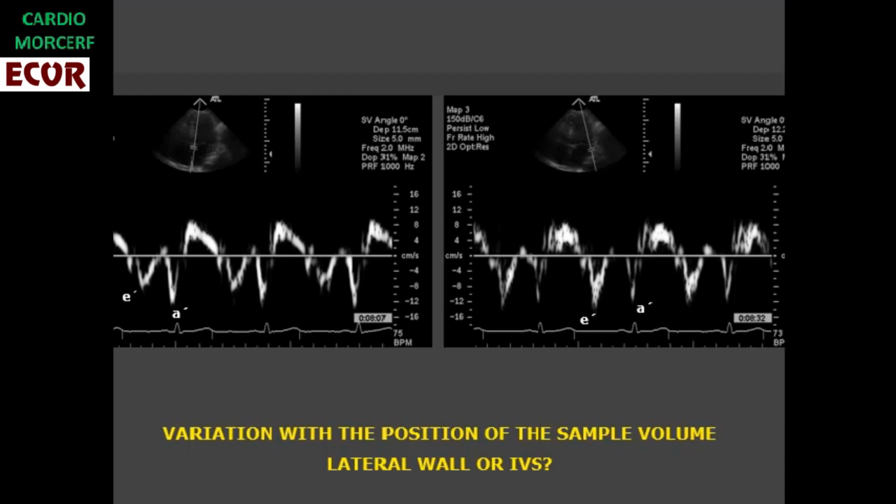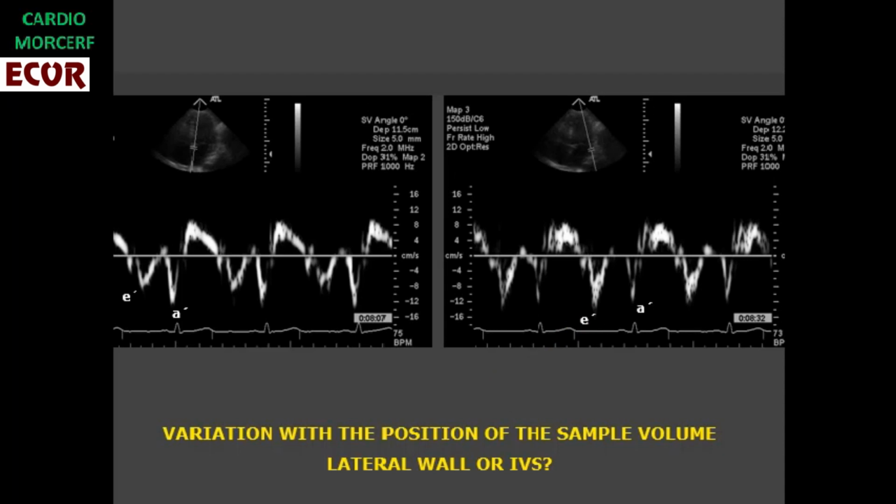One of the main problems with evaluation with spectral tissue Doppler is the variation with the position of the ROI, if in the IVS or in the lateral wall. Notice that in the same patient, if the ROI is at the lateral wall, the E' is greater than the A' and measures 12 centimeters per second, absolutely normal.